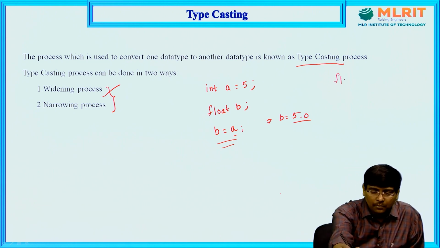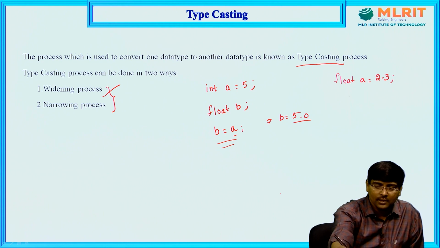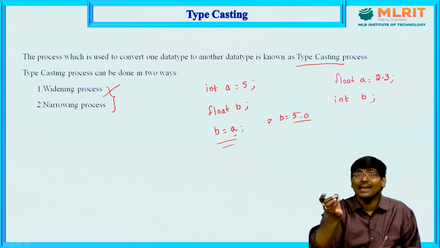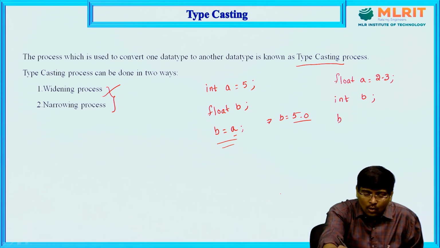Consider another scenario. For example, I have a float variable a is equal to 2.3, and I declared one variable b as integer. Now I assign b is equal to a.